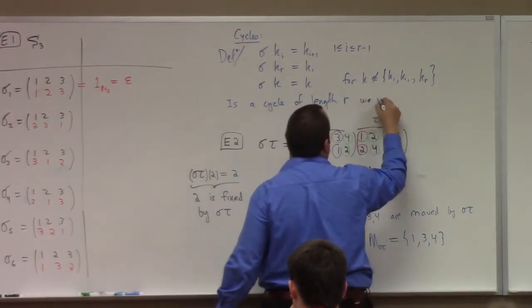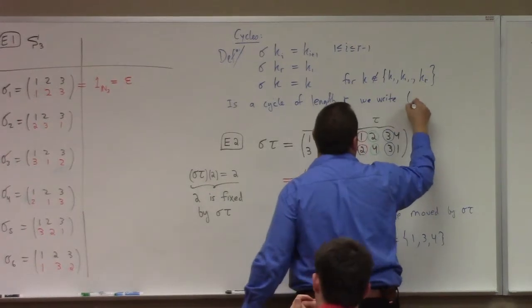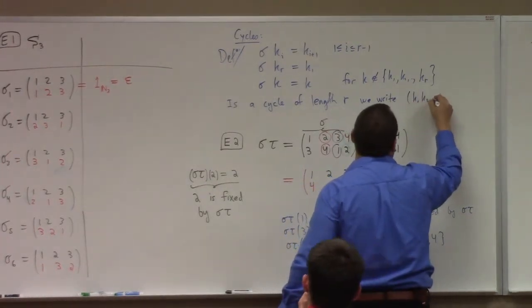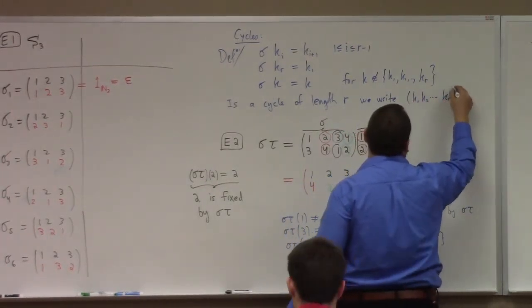We write (k1 k2 ... kr) to denote this permutation.